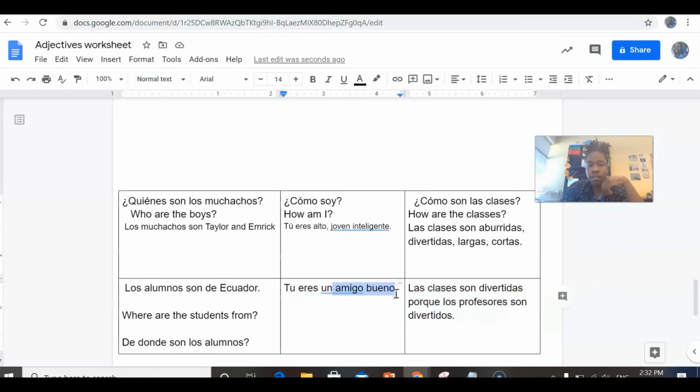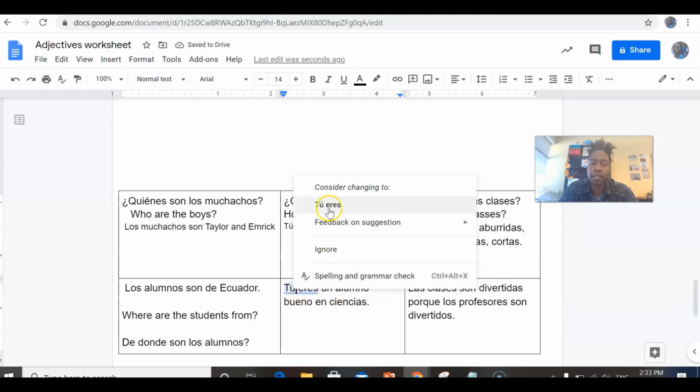When we have tú eres un amigo bueno, we're going to figure out what I could have asked. So, I think having amigo in here makes it a little difficult. So we're going to change this to tú eres un alumno bueno en ciencias. And this will be a little bit easier to understand.